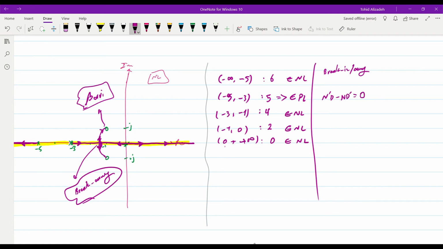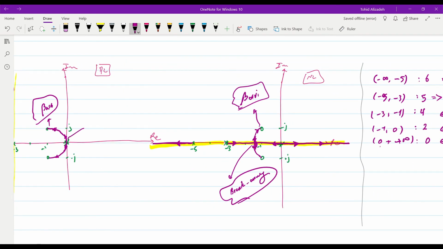N is a second order polynomial, D is a fourth order polynomial, so out of this you will get a fifth order polynomial for which you need to find the roots. One of the roots will be at 0 because we know that we have a breakaway point over here. We are sure of that.